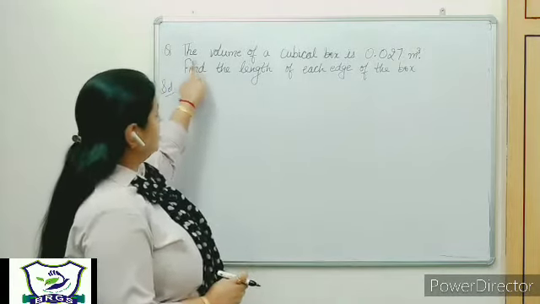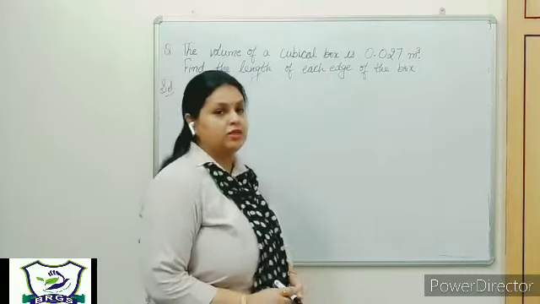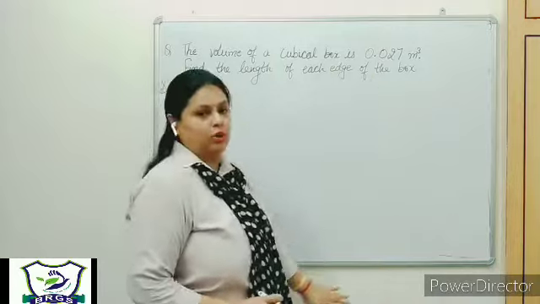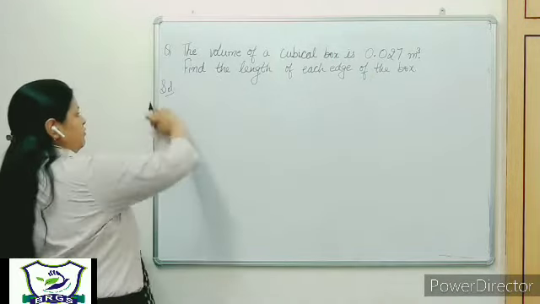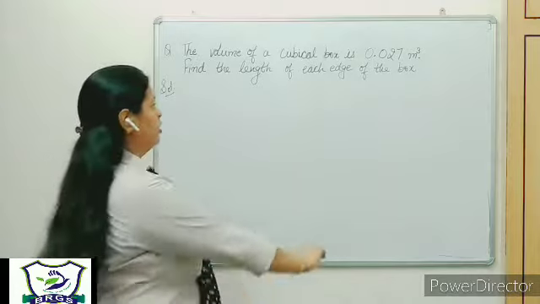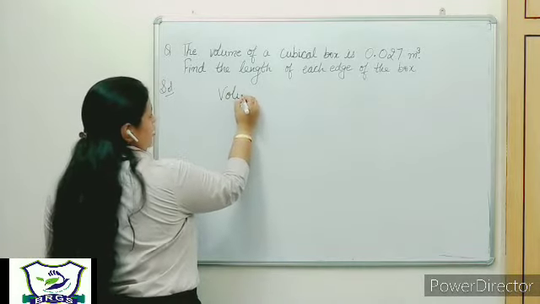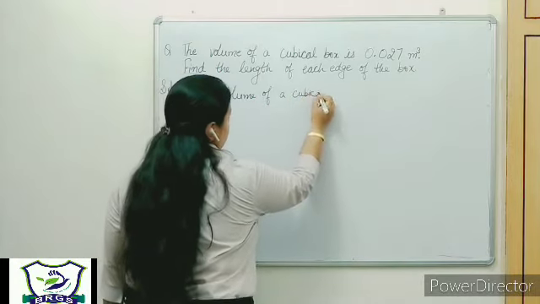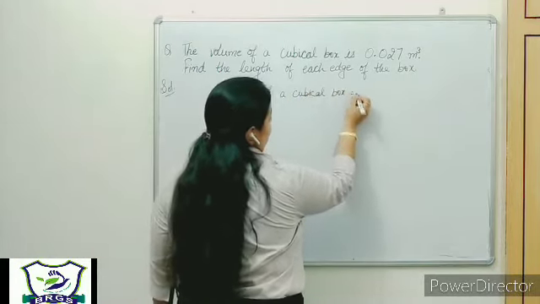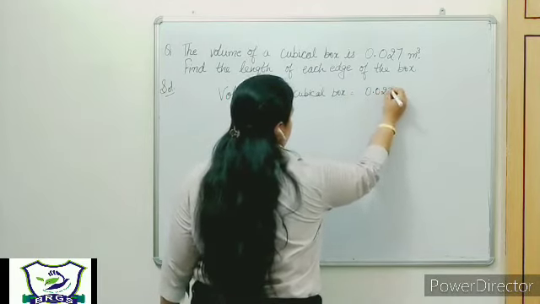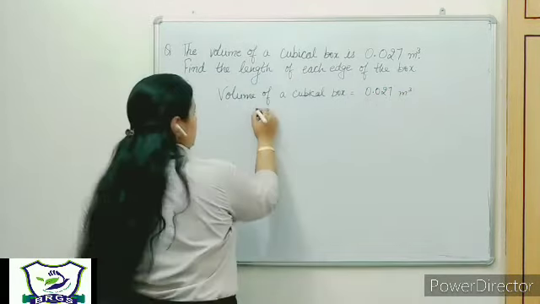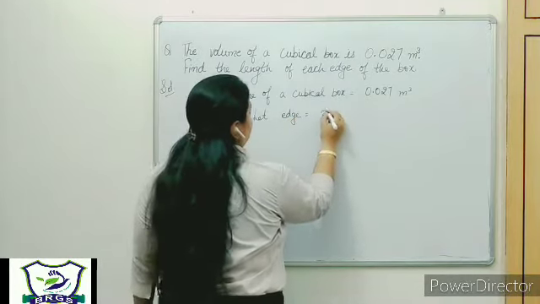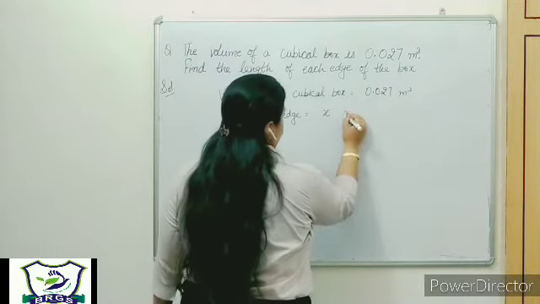The problem is: the volume of a cubical box is 0.027 meter cubed. We have to find the length of each edge of the box. Edge means side. We have to find this length. So the volume of the cubical box is 0.027 meter cubed. Let the edge be equal to x meter.